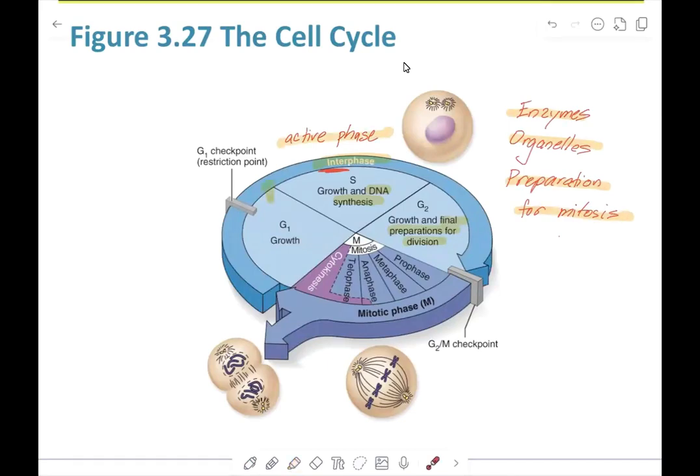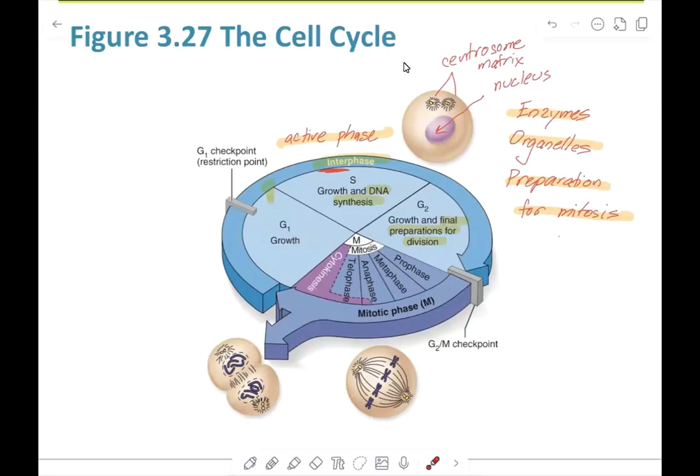So a cell that is in interphase is going to look like what we see up here. The nucleus is still going to be intact. There are going to be 2 centrioles that together form the centrosome matrix, and then some of those things will start to change during mitosis, because mitosis is the division of the nuclear material, which is the most important material of the cell.